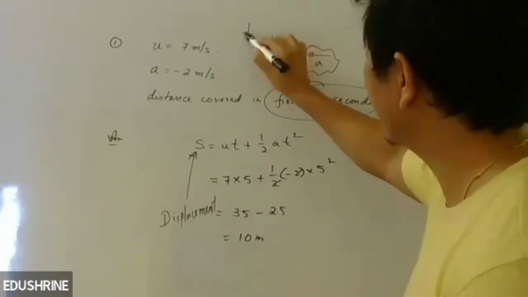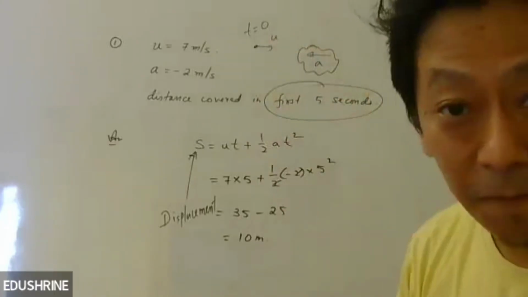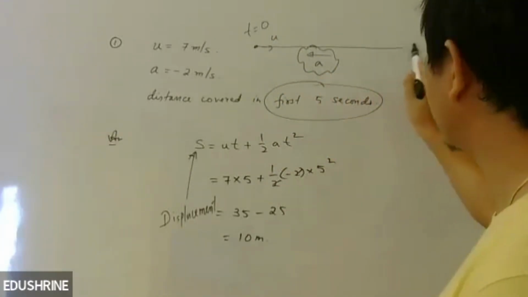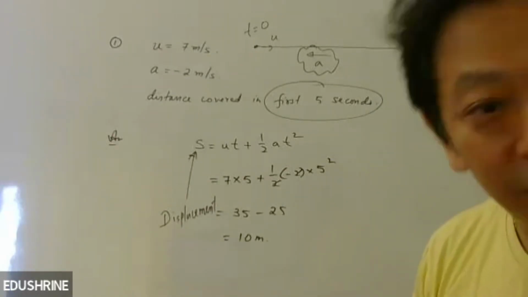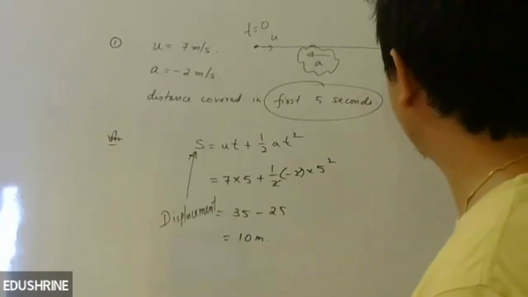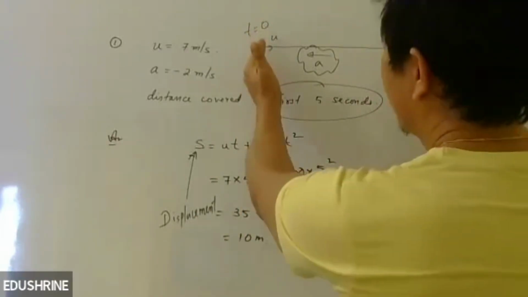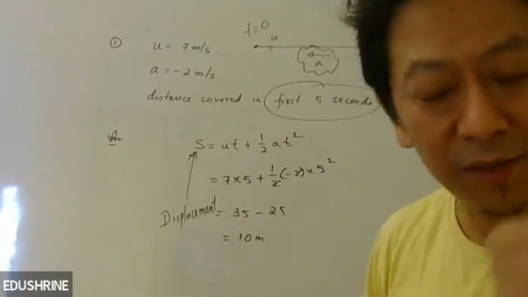First 5 seconds they told. This is the starting point, initial velocity. As time passes, up to 5 seconds, let's say it is going straight only. Then no problem, because then this will be distance, this will be displacement. Agree? Put thumbs up.